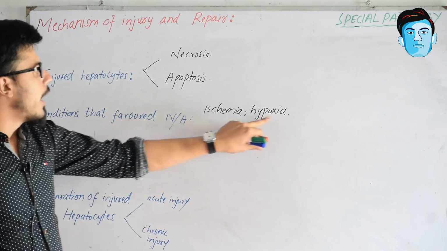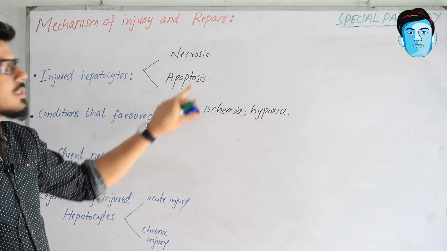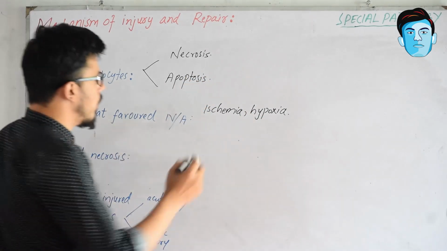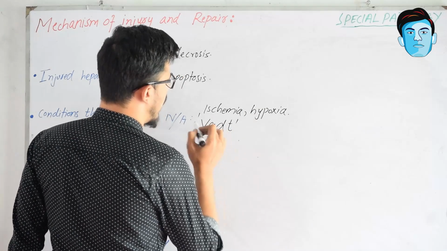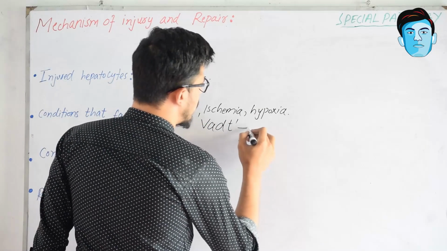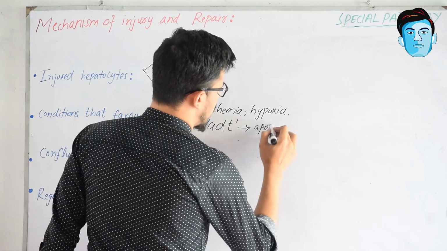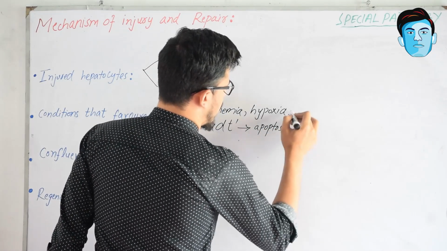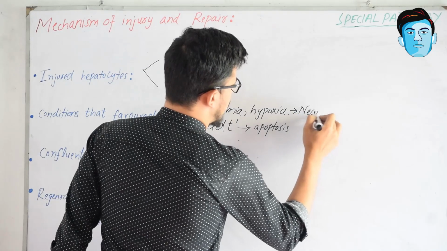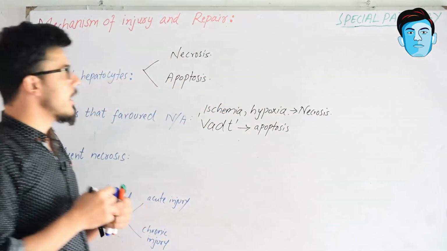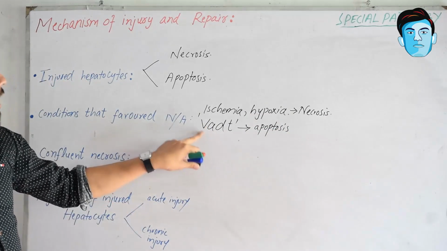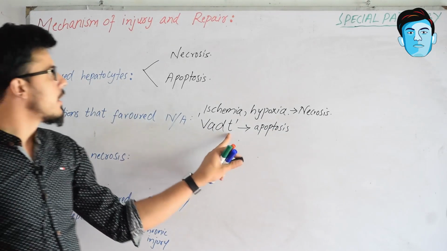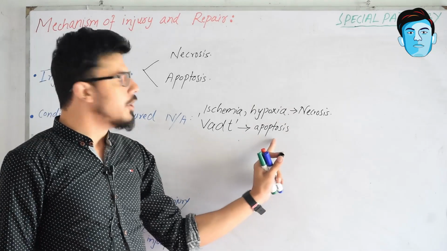Ischemia and hypoxia lead to necrosis of hepatocytes, while viral infection, autoimmune disease, drug-induced and toxin-induced injury all lead to apoptosis.